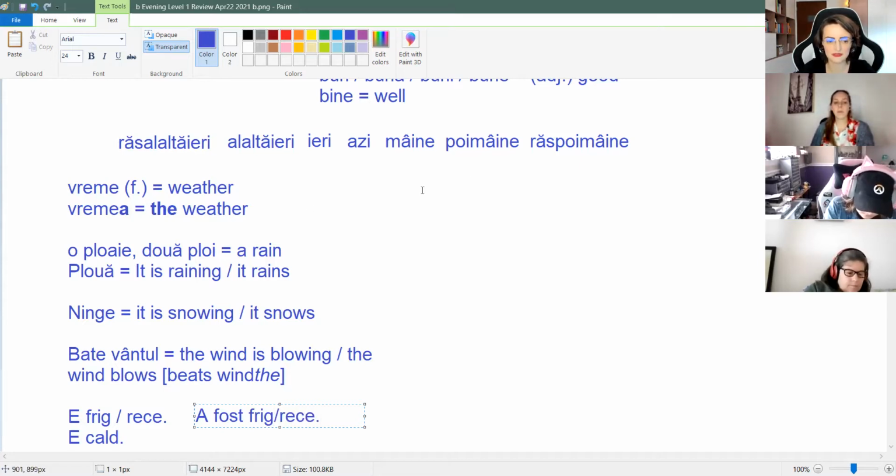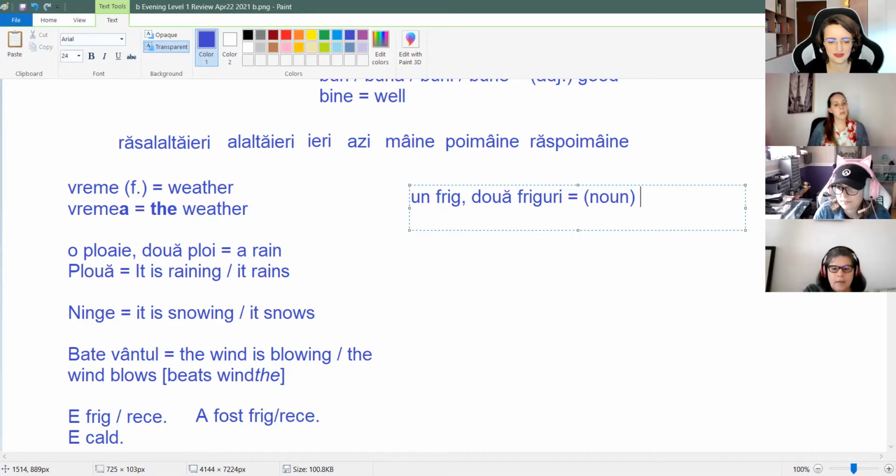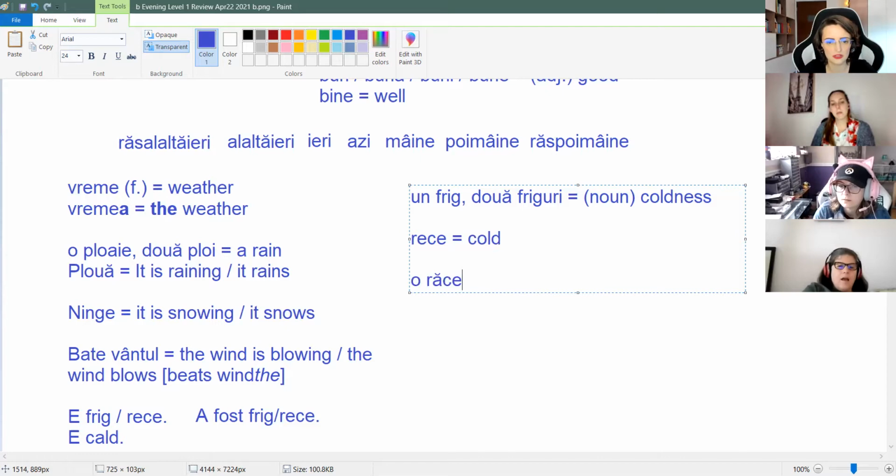What's the difference between frig and rece? Frig is coldness. And then răceală can also be the illness, to have a cold. O răceală.